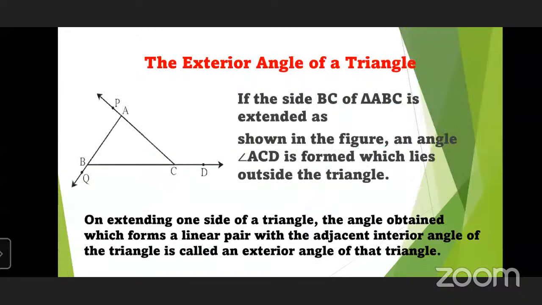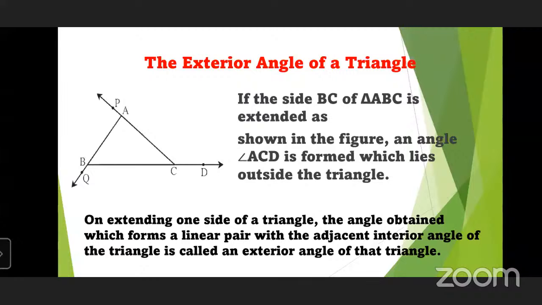Now, the exterior angle of a triangle. What are the exterior angles? We have a triangle ABC, but the sides are extended. Now, which sides are extended? See, from point A, ray P is extended outside. Likewise, at point B, ray QB is extended.